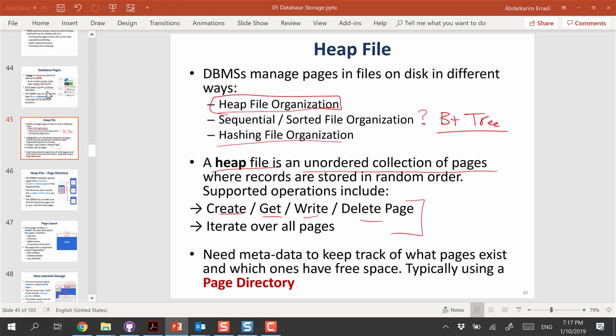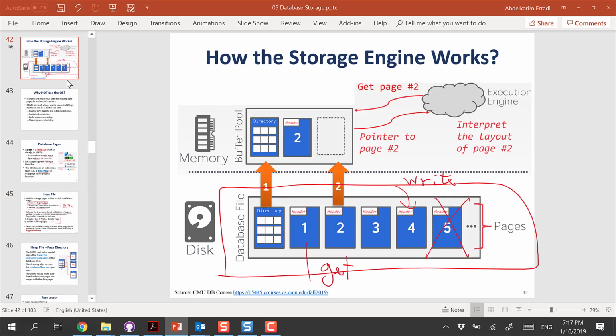This one plays a major role. If I have a logical address and I want to know the physical address, I do a lookup on the directory. If I want to iterate through all the pages, I do a lookup on the directory. So the directory plays a major role in a heap file organization.